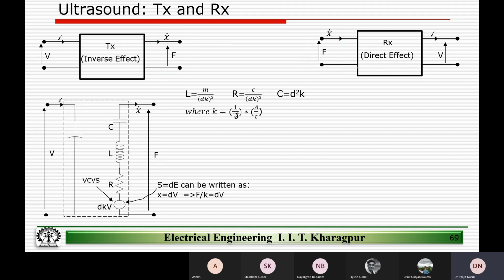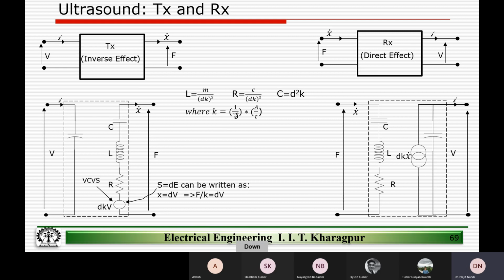We are representing this as a two-port network. And how we are going to represent the receiver in electrical terms is the same stuff; whatever appeared here is appearing here.